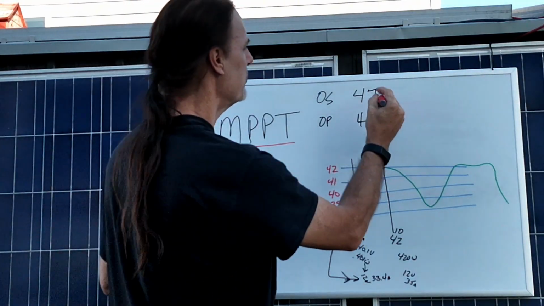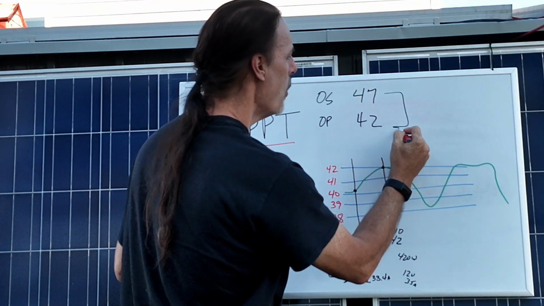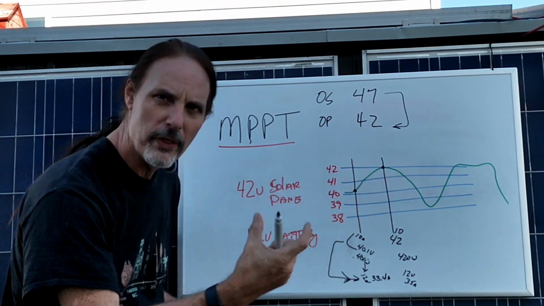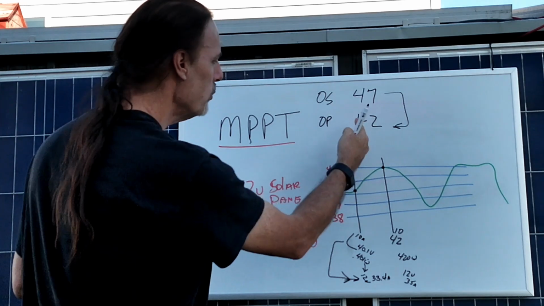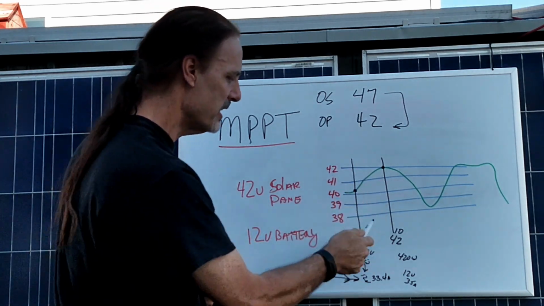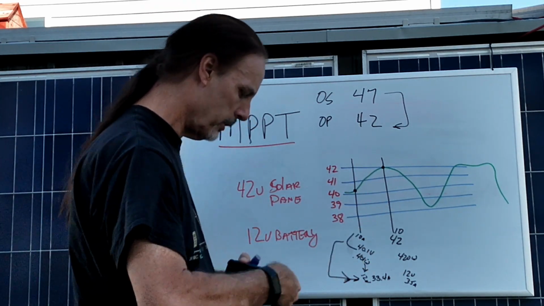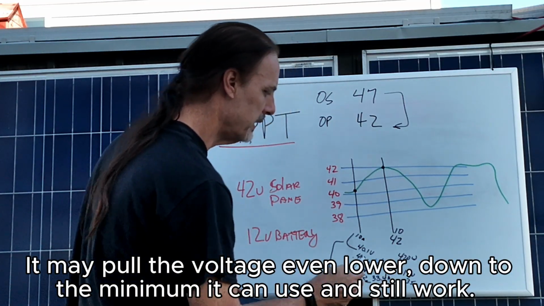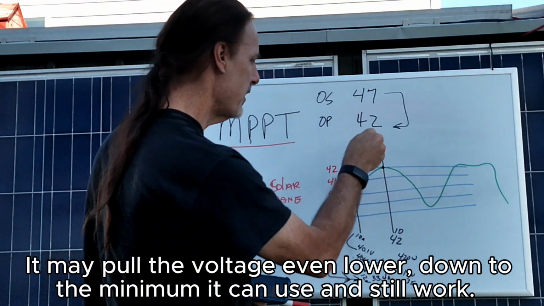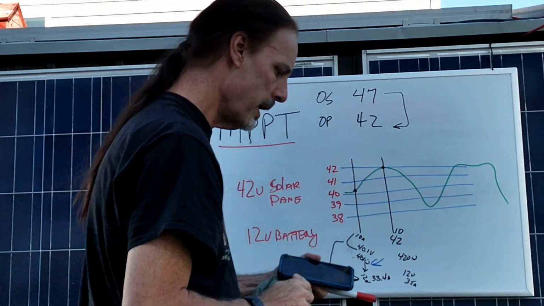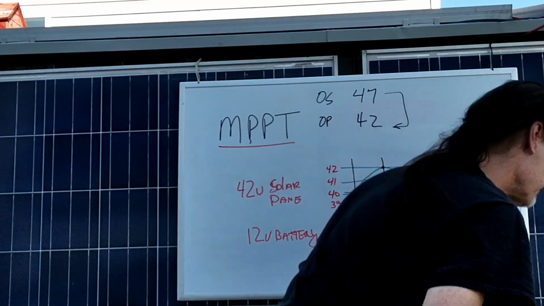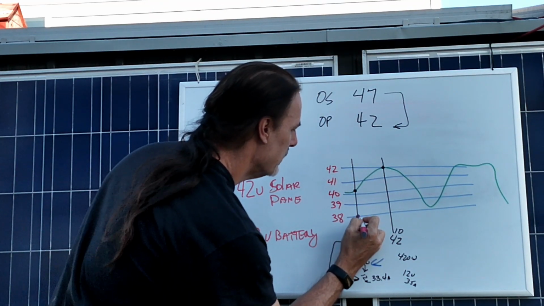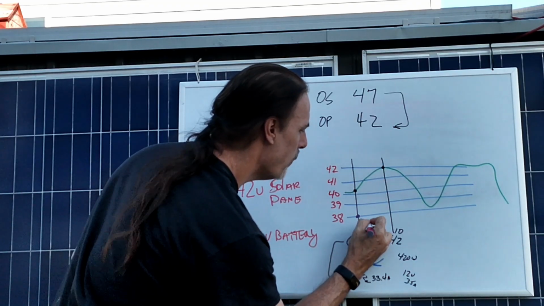Somewhere between these two, when the MPPT goes to pull that voltage, it's going to pull down as much as it can to get the maximum amount of wattage. It may be able to get different wattages at different points. For example, it may be very easy for it to pull down here at 38 volts and get, let's say, 210 watts.